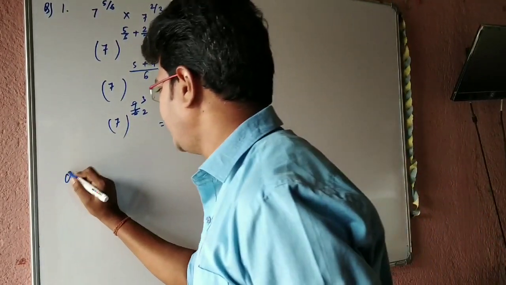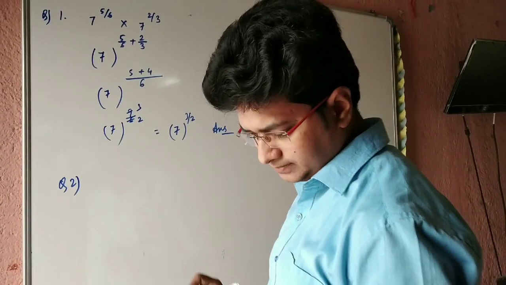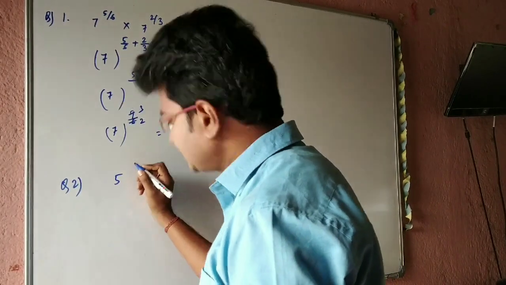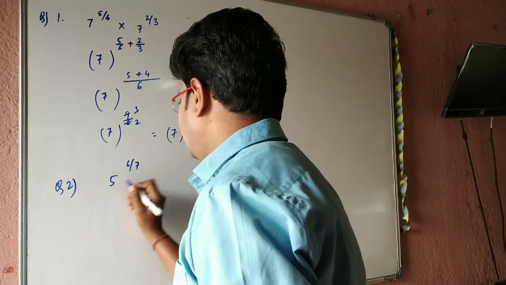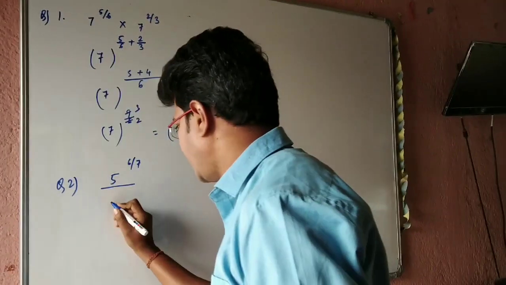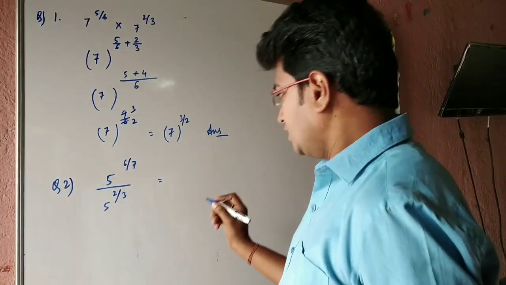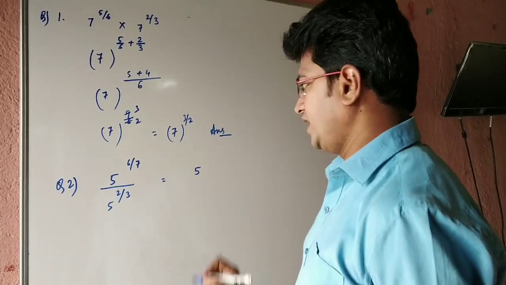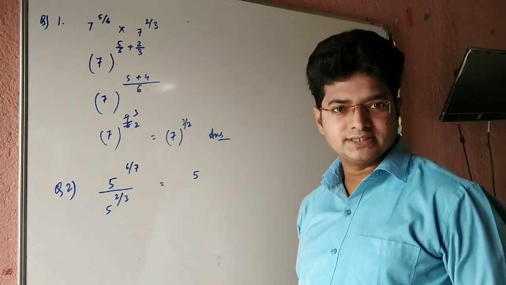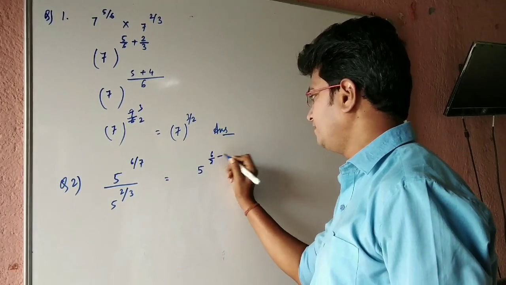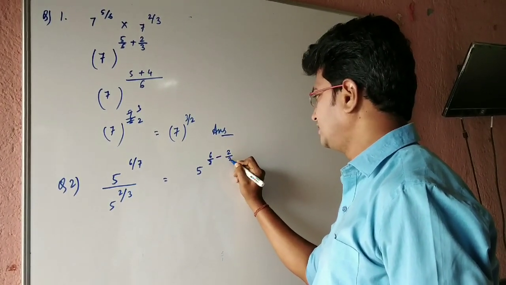In the same way, this is the next question. It is given 5 to the power 6 by 7 divided by 5 to the power 2 by 3. First we write 5, and since it is division we need to subtract the power. So it is 6 by 7 minus 2 by 3.